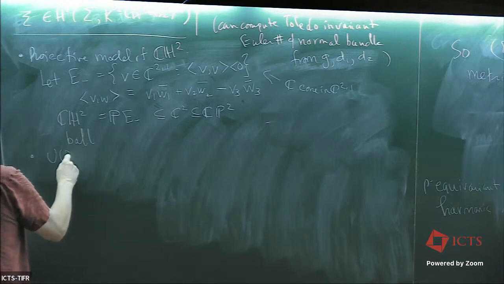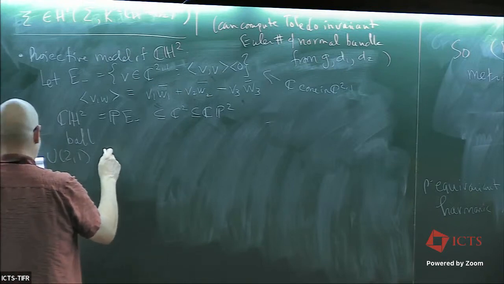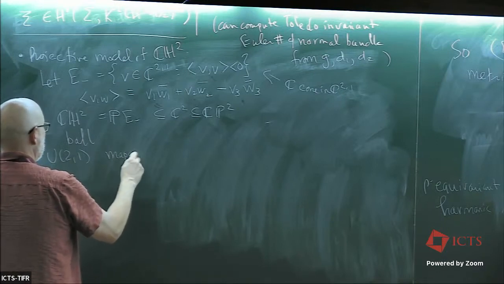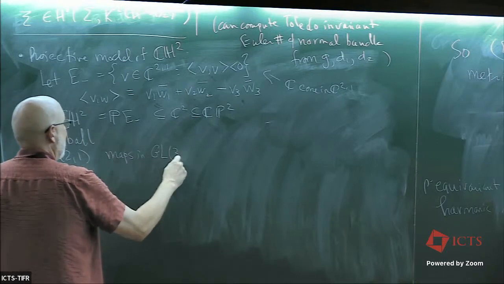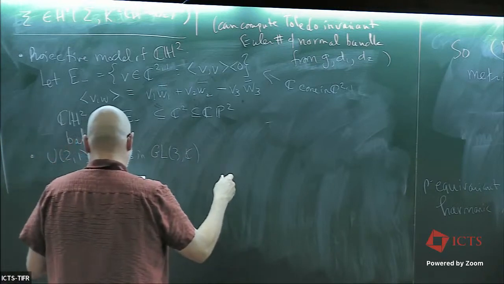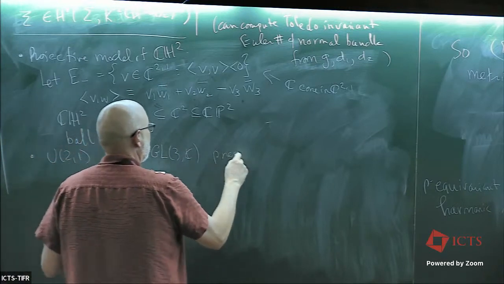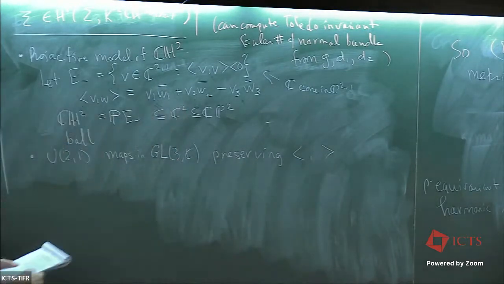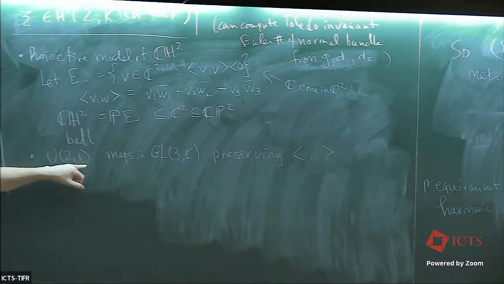So the group U(2,1) is going to be the maps in GL3(C), just 3 by 3 matrices, preserving this inner product. So it's the unitary group of this Hermitian form of mixed signature.